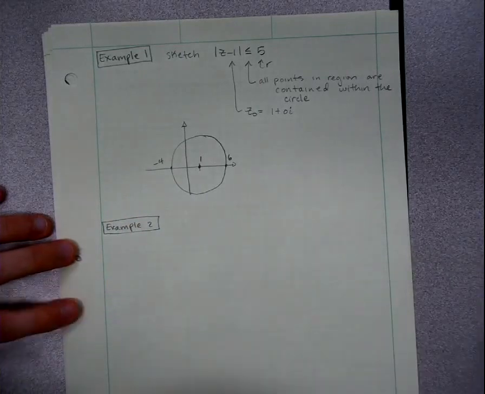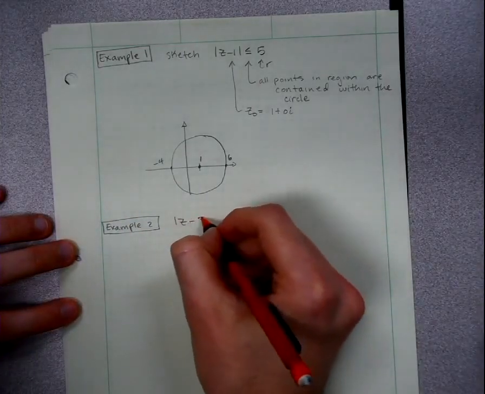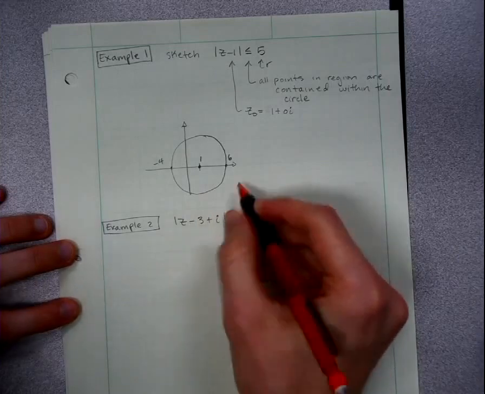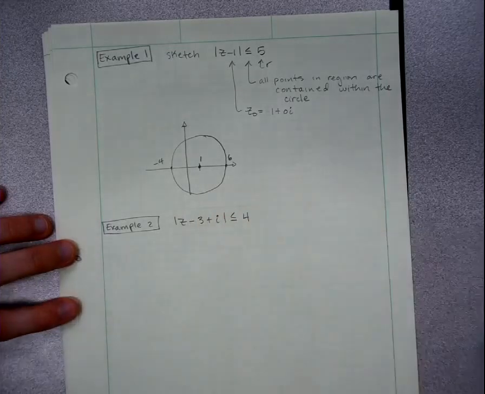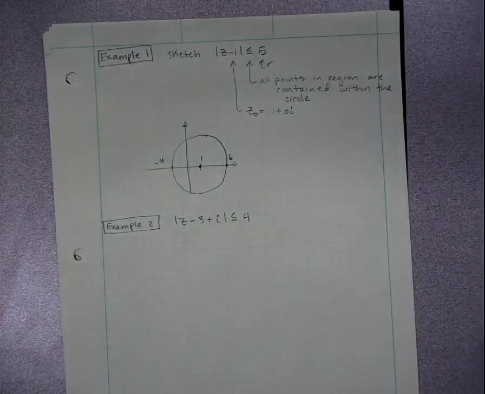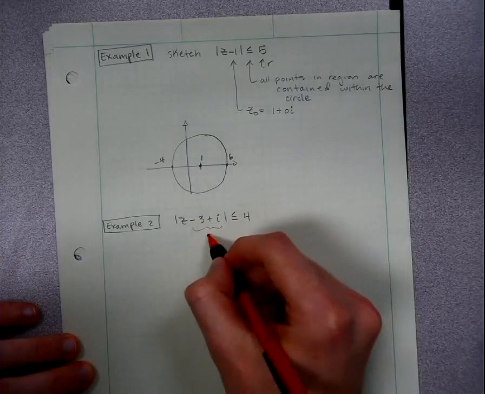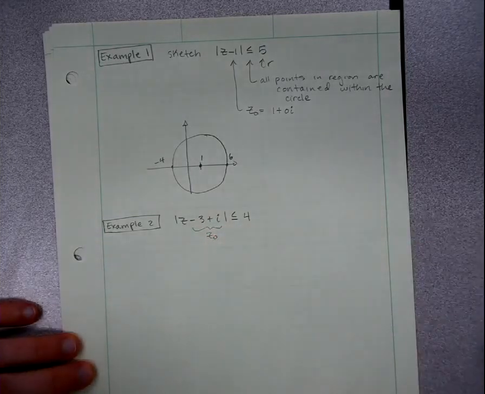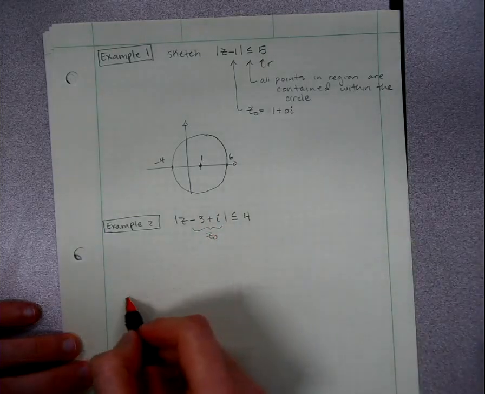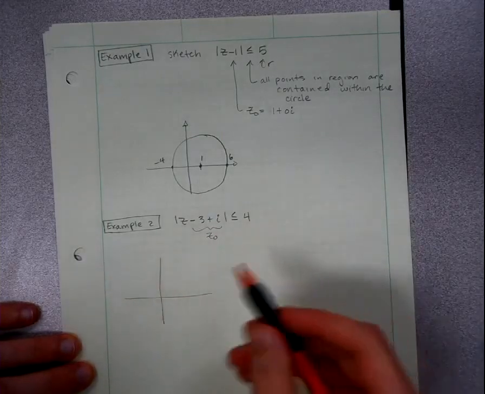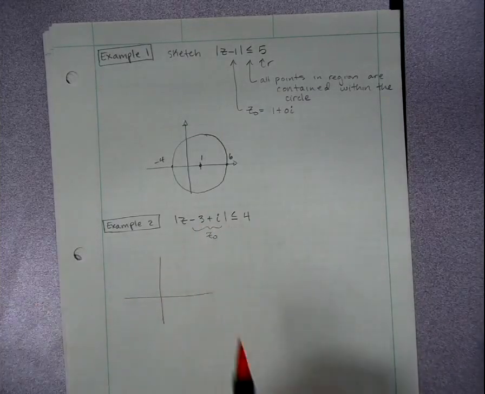So we're asked to plot the modulus of z minus 3 plus i less than or equal to 4. Okay, so again, we just do the same thing. We notice that this is our z naught term, and it's going to be centered at positive 3 and negative 1i.